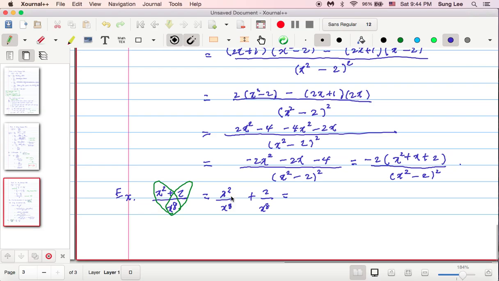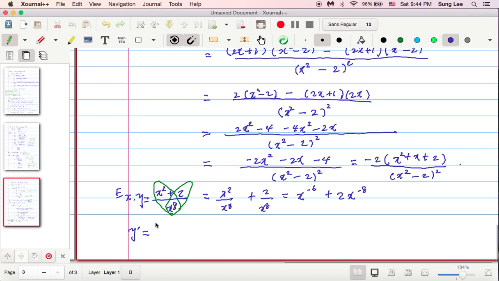So that says x to the power 2 minus 8, which is negative 6, plus 2 times x to the power negative 8. So why don't I call it y? So y prime in this case, we can find using the power law.